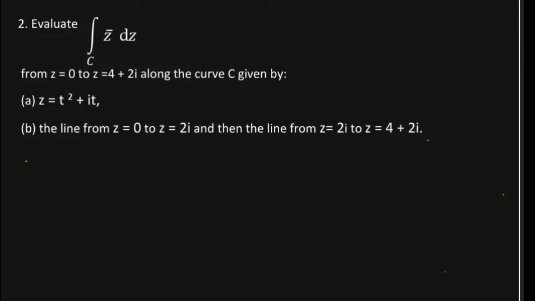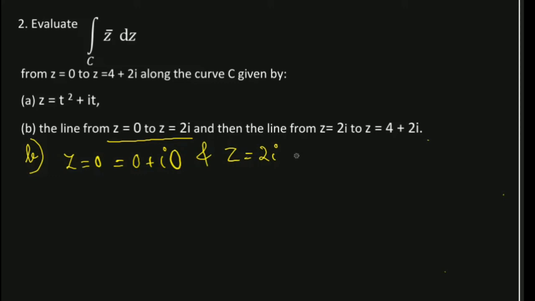Okay, now let us see part B. In part B it's given that the curve C is given by the line from z = 0 to z = 2i. When z = 0, this means 0 + 0i, and when z = 2i, this means 0 + 2i. So this is (0, 0) and this one is (0, 2).